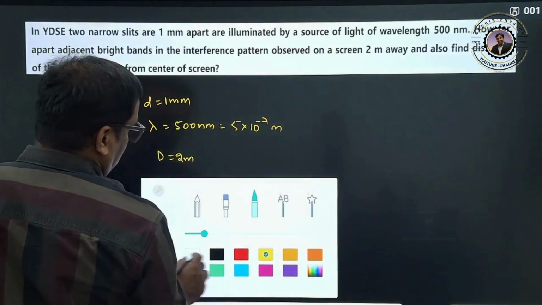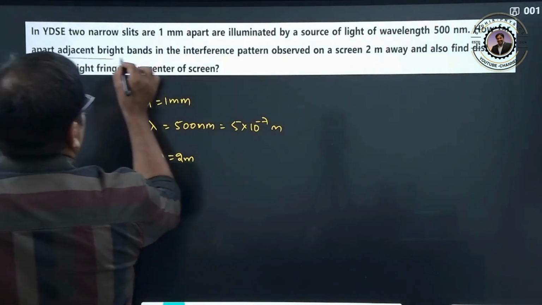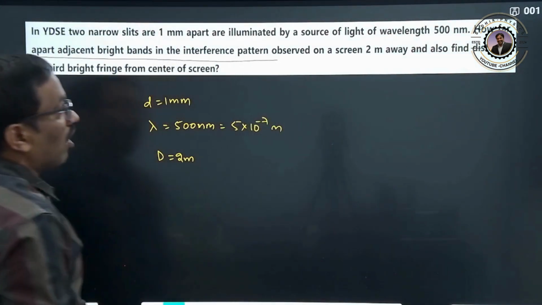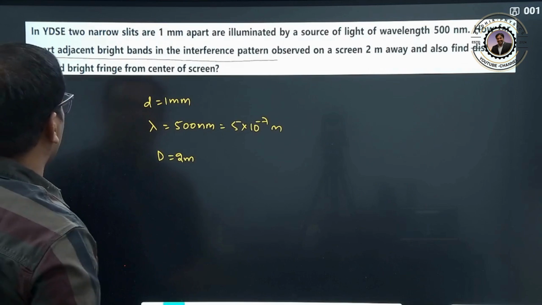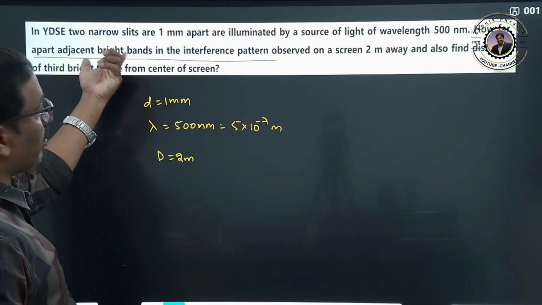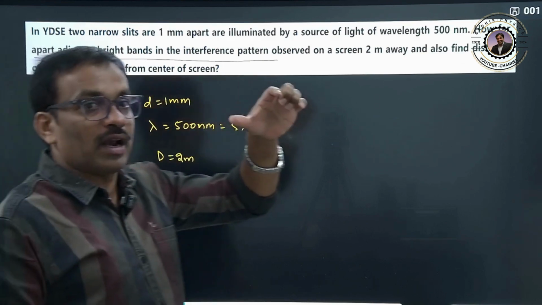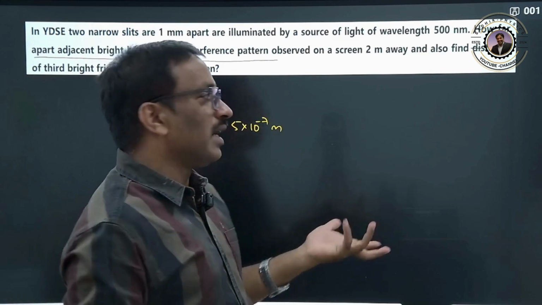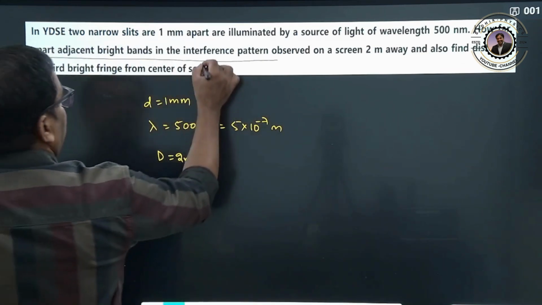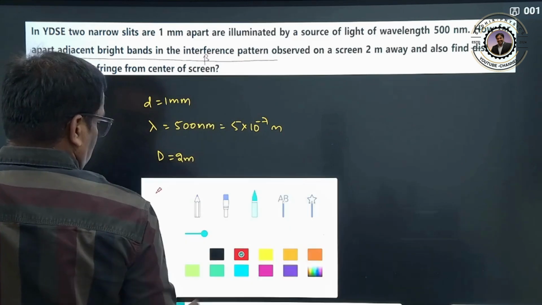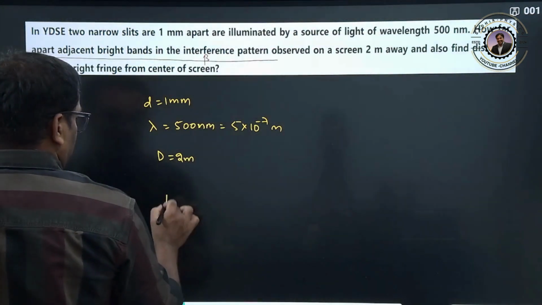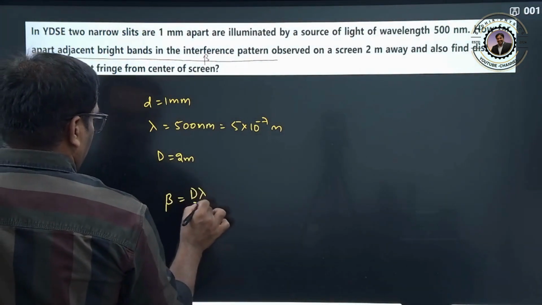What is this statement asking? How far apart are adjacent bright bands, that is, one bright band and the consecutive bright band. That means indirectly he is asking the fringe width. The formula is D lambda by d.